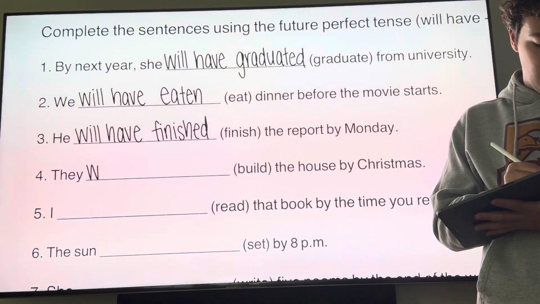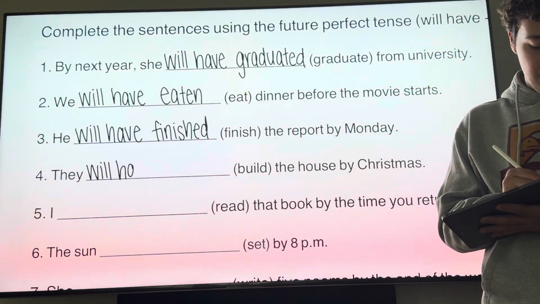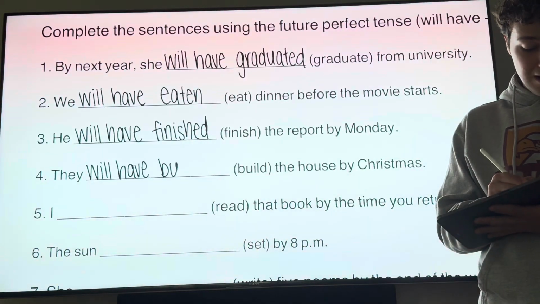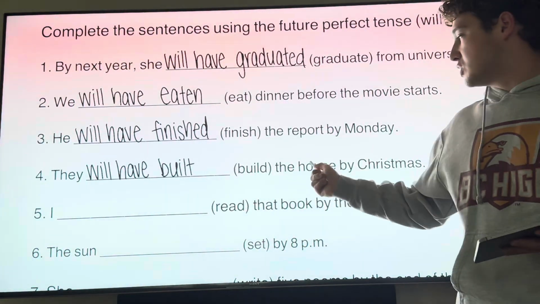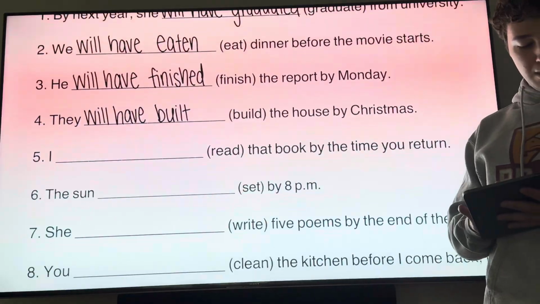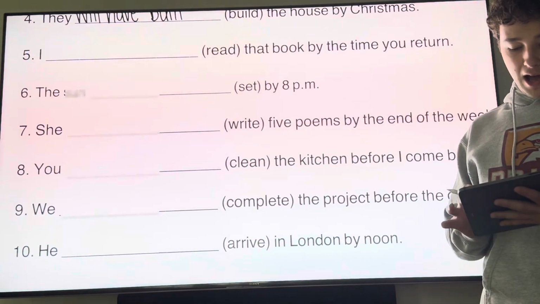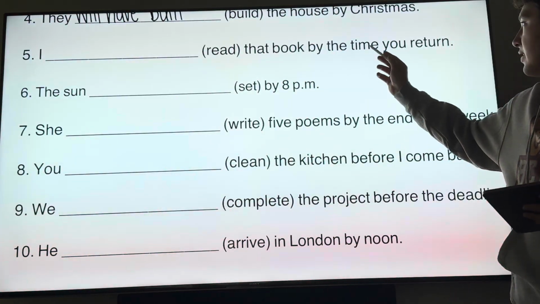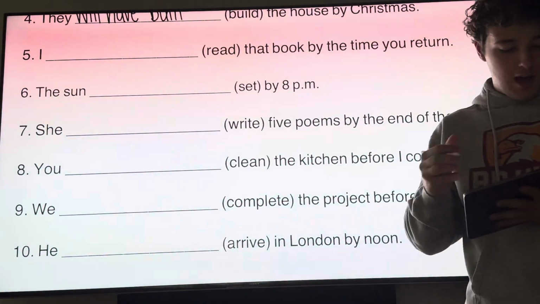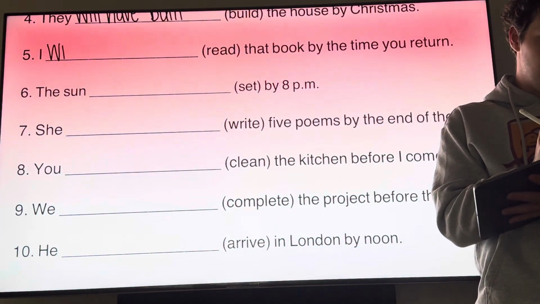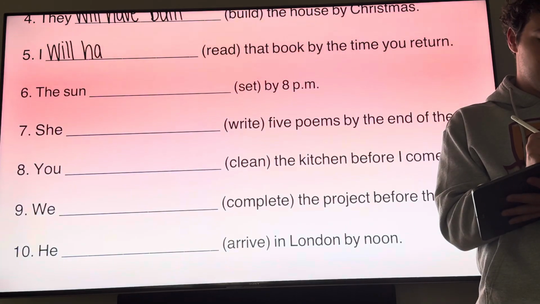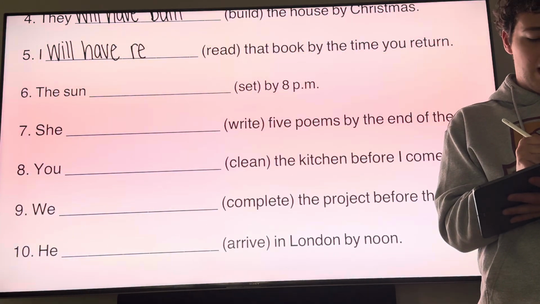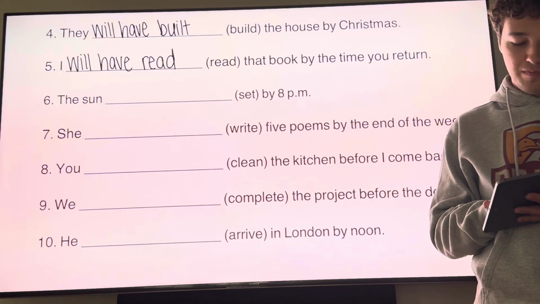They will have built the house by Christmas. Number 5, I blank read that book by the time you return. I will have read that book by the time you return.